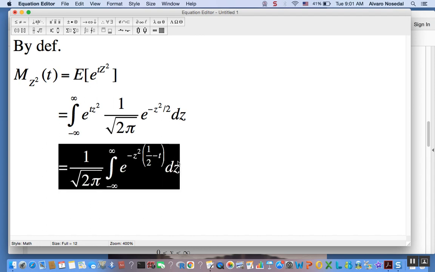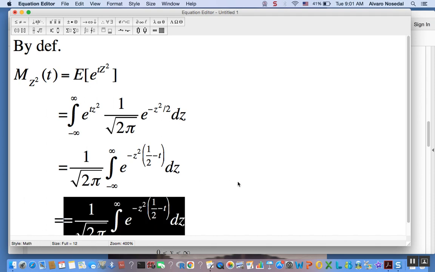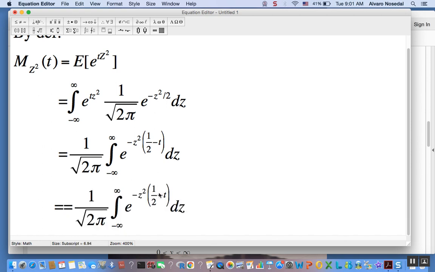Okay, now that happens to be the same as just 1 minus 2 times t divided by 2, right? I'm just using 2 as a common denominator. That's it, right?